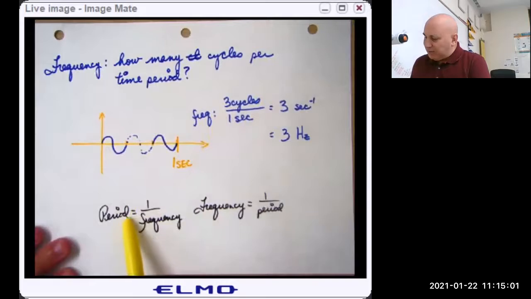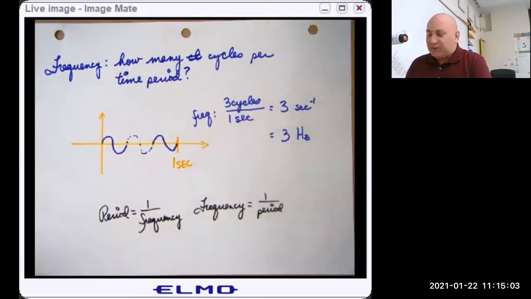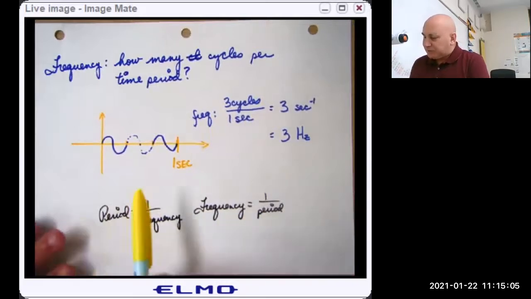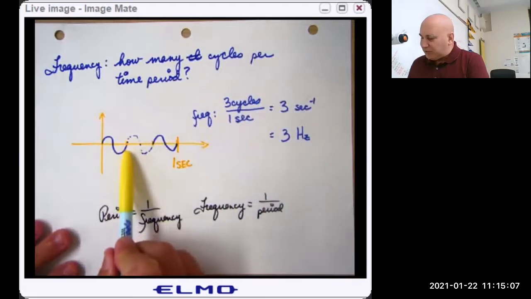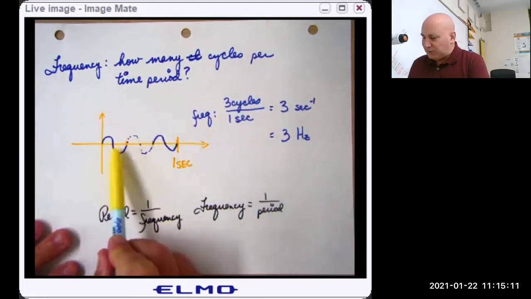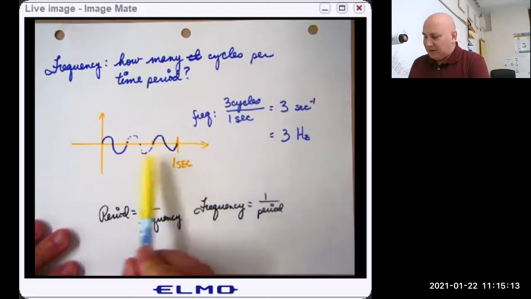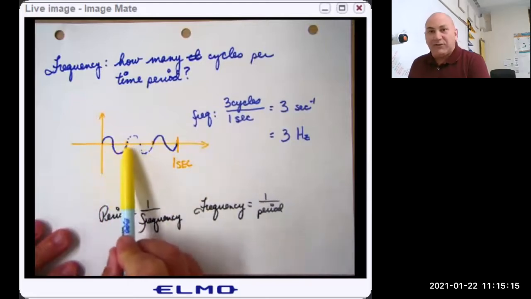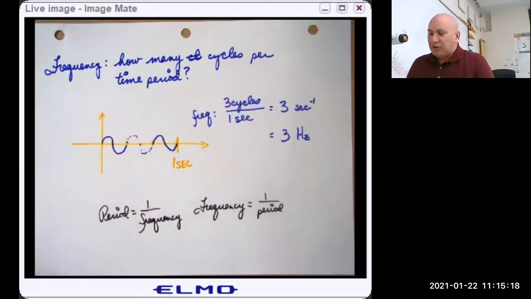So you can tell that period and frequency are reciprocals of each other, because the period of this function would be 1/3 of a second. Because there are 3 cycles per second, the period must be 1/3 of a second per cycle. So frequency and period are just reciprocals of each other.